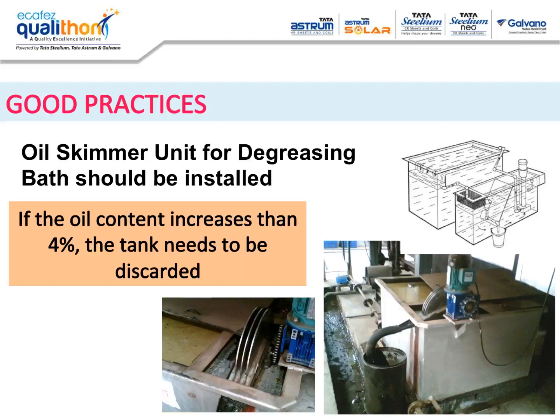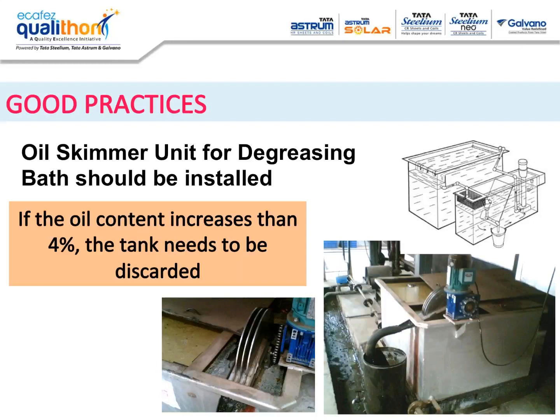Now the oil content which remains as emulsion in that particular tank. Some of the oil will float, some of the oil which saponifies will get converted as scum, and the rest of the oil will remain in emulsified condition for a longer time inside that tank.